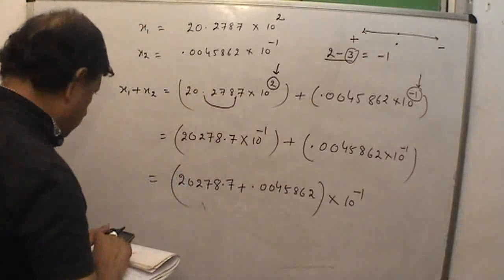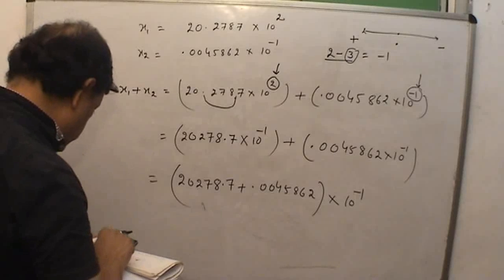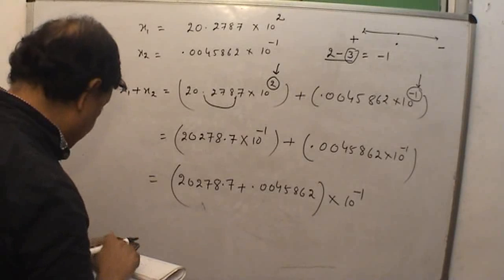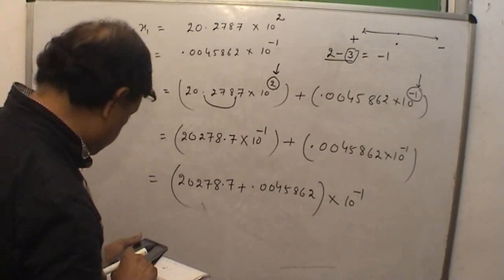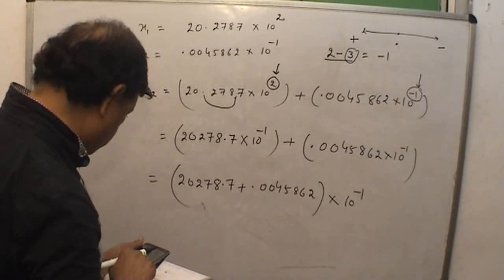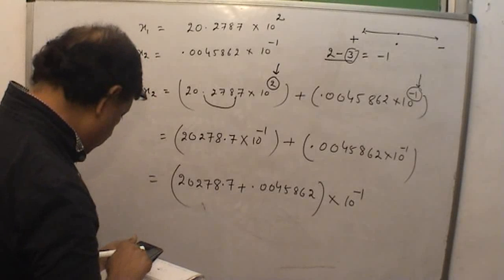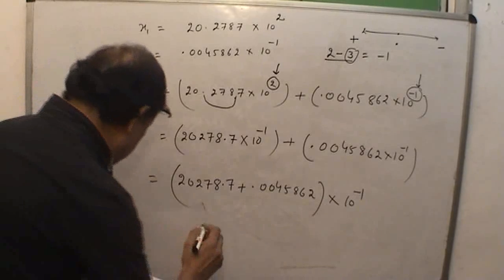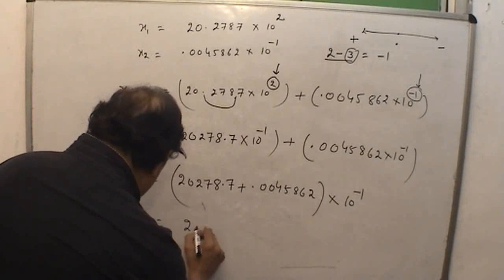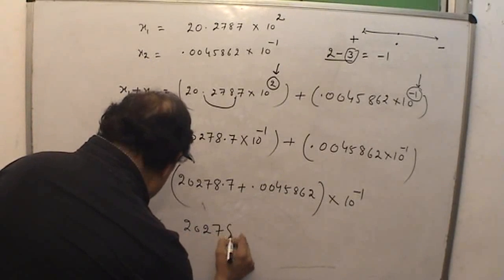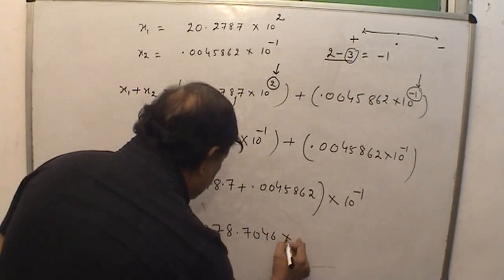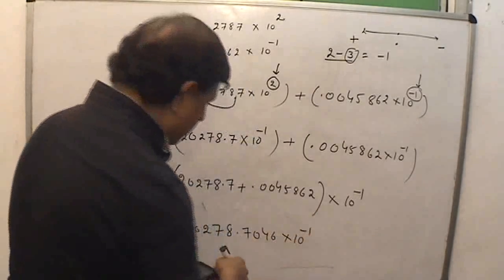that is 20278.7 plus 0.0045862 is equal to, that is 20278.7046 into 10 raised to the power minus 1.